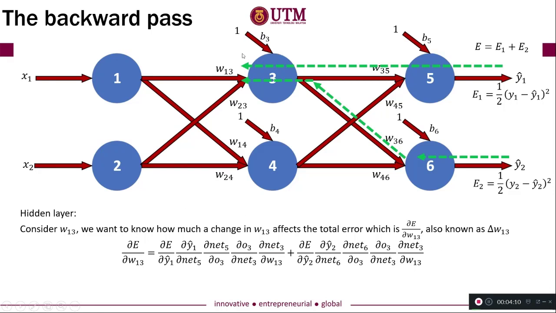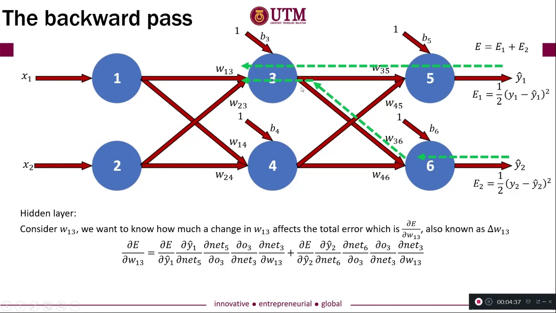Because to find the error function here, W13 actually contributes in two directions. One is going to this W35 line, and the other, W13 also contributes to this line, which is the W36 line.